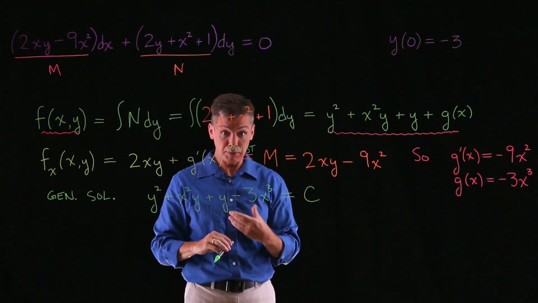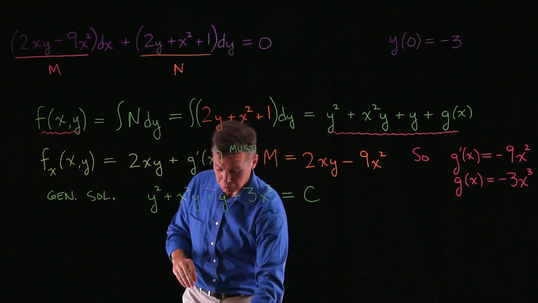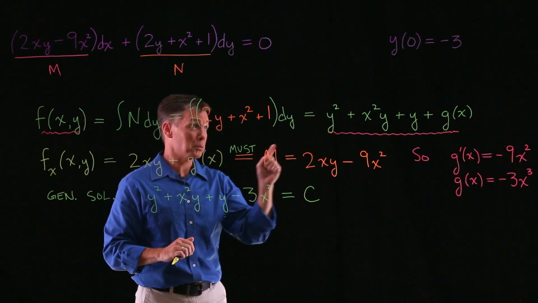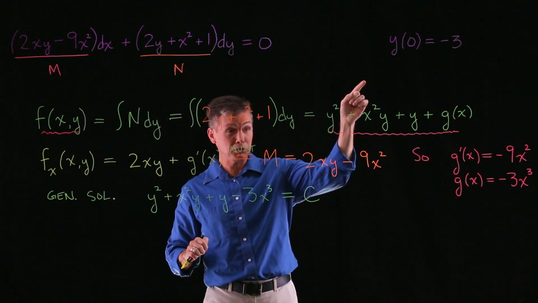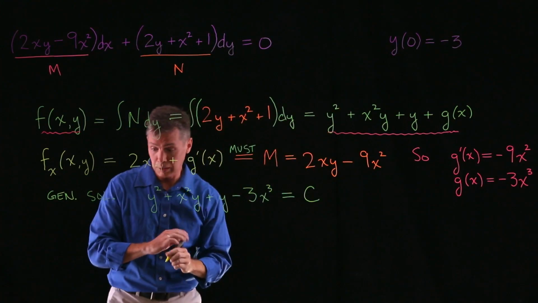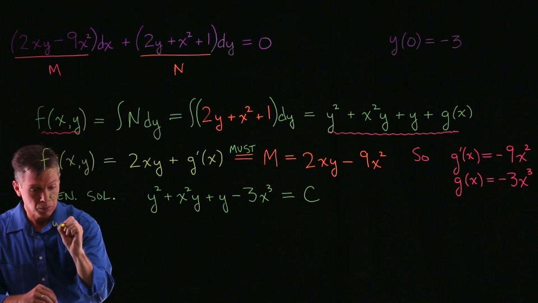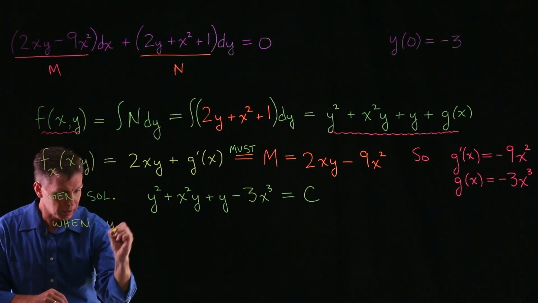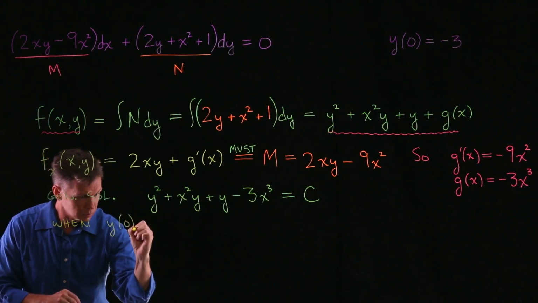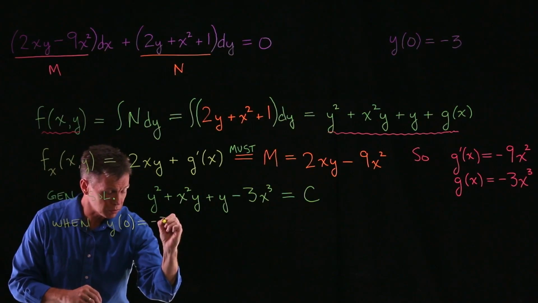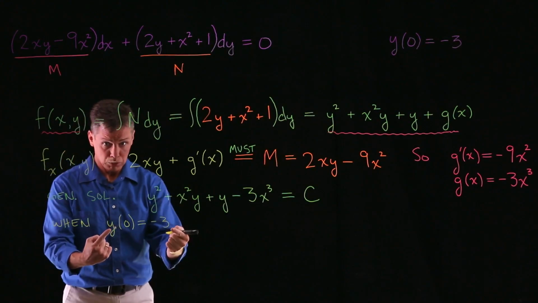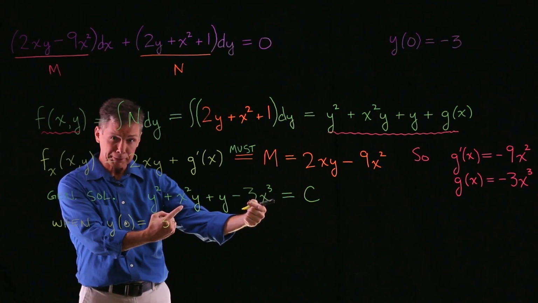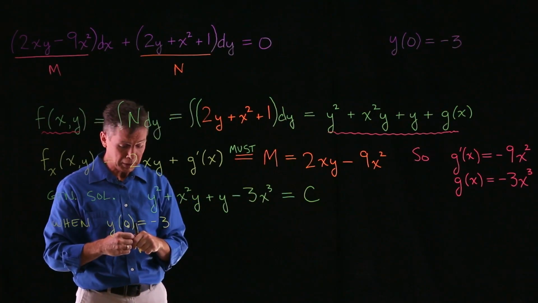For the particular solution, what we do is use that initial condition. Remember from the beginning of the problem, they gave us y of 0 equals minus 3. So when we know that y of 0 equals minus 3, we use that in the general solution right up above in order to find the exact value of c.